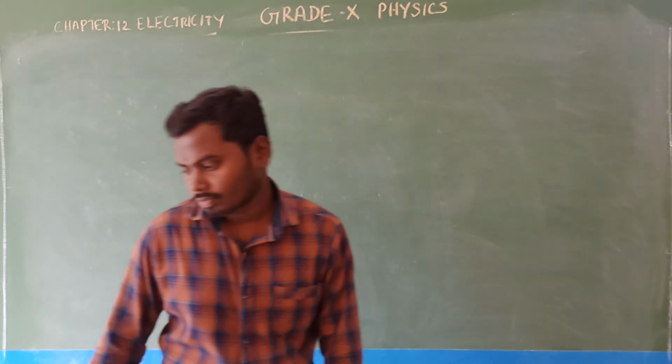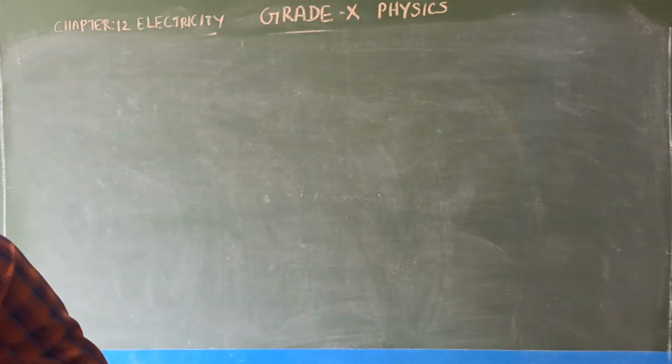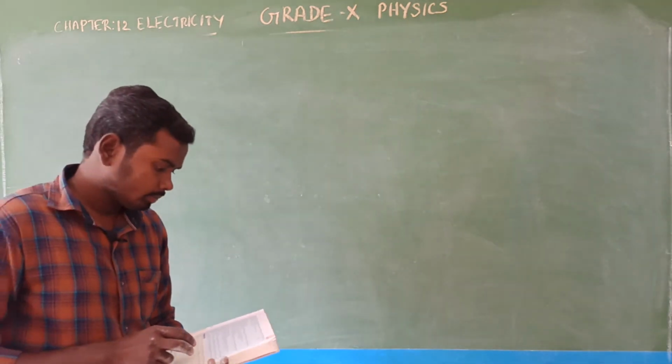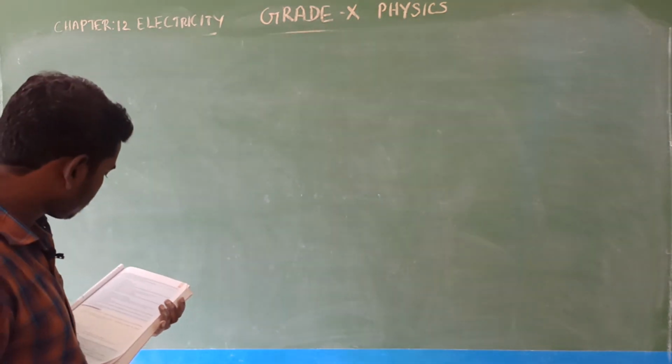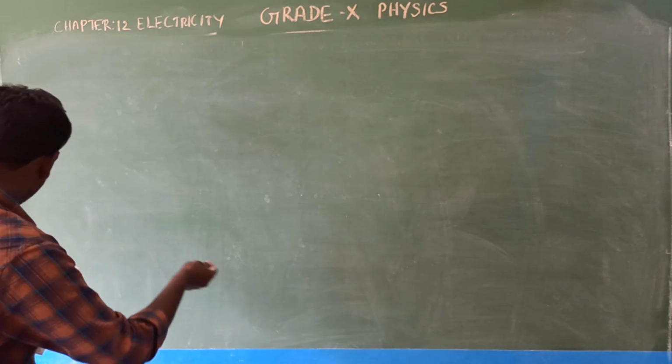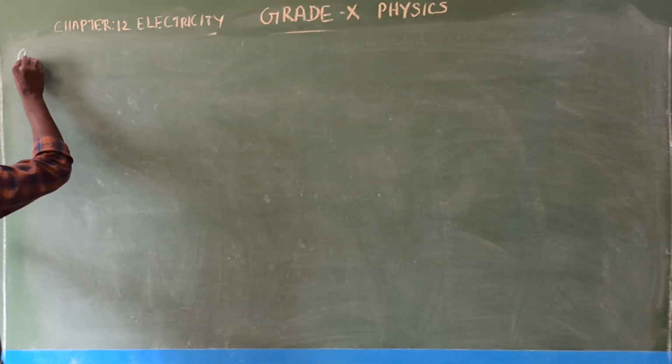So next, another type of numerical we can do. Okay, listen here. The 6th one.